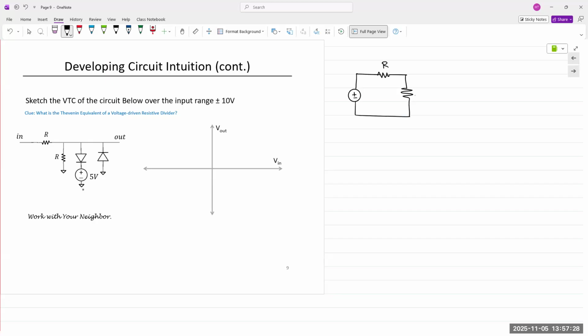This is R, this is R, this is going into the circuit, this is V in, and this is going into our diode circuit.